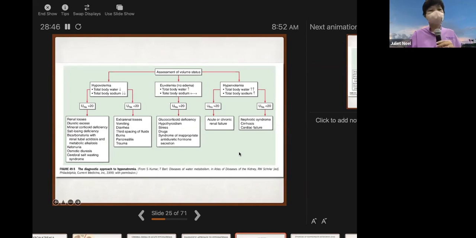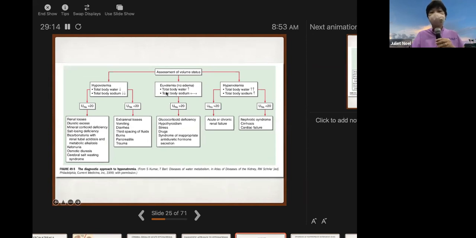The diagnostic approach to hyponatremia. First, you always assess the volume status: hypovolemia, euvolemia, hypervolemia. In hypovolemia, there are signs of dehydration. There is a decrease of total body water, but more decrease of total body sodium.